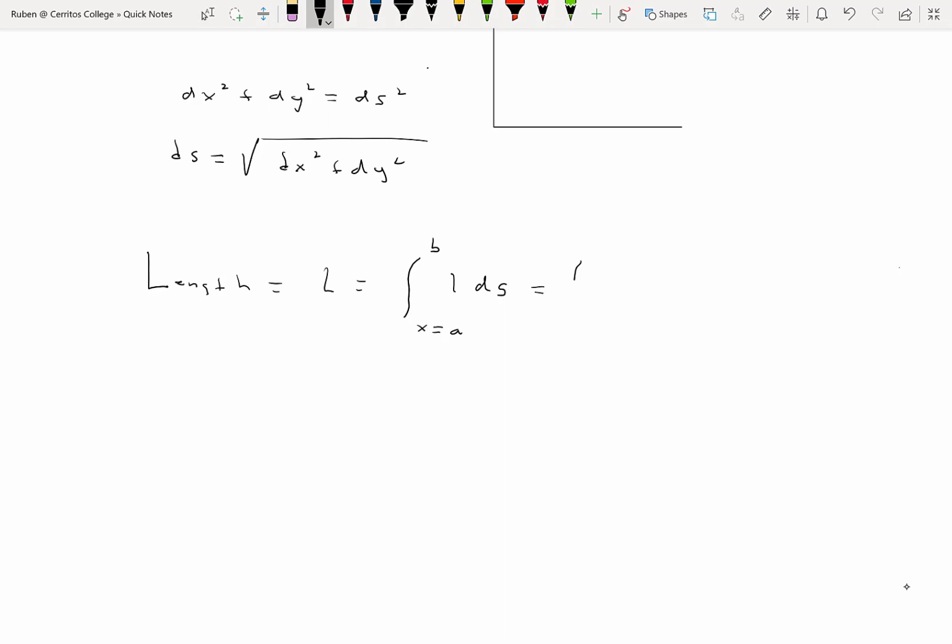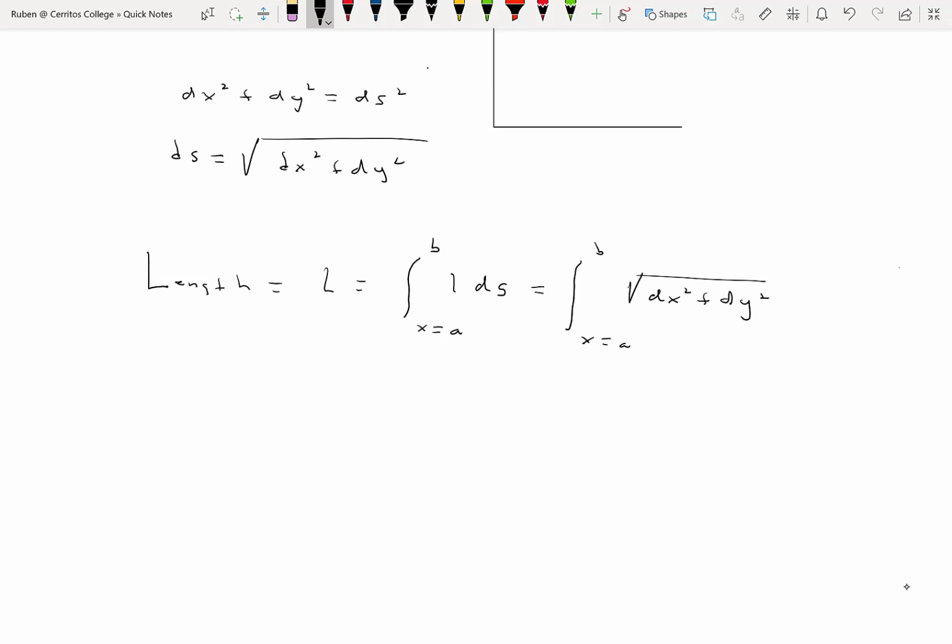Well, if I substitute the radical expression I have for ds, I get ds then equals the square root of dx squared plus dy squared. And that's no better than the original expression. In fact, it looks more complicated than just integrating 1 with respect to s. We've never seen an integral of this form.